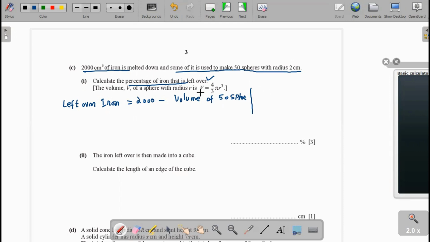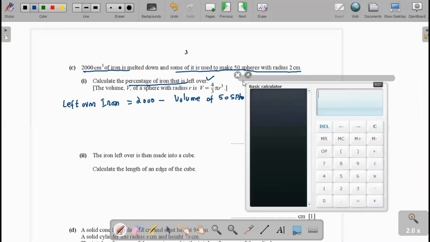The volume of sphere is 4/3 pi r cube. Therefore, that value will be equal to 4 multiplied by 3.142 multiply the radius is 2, that value will be 2 cube, and 1 by 3.